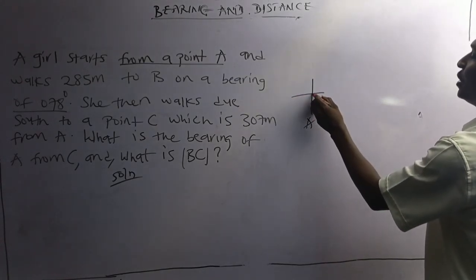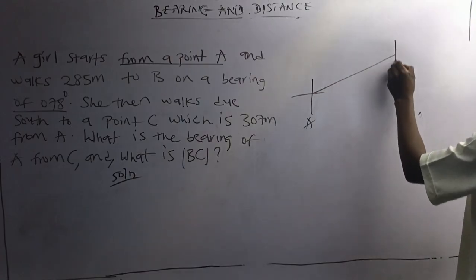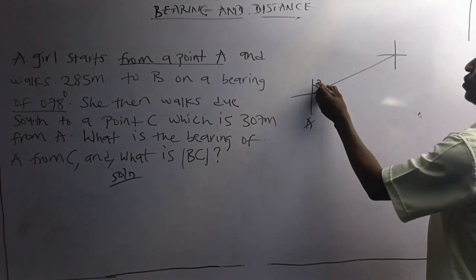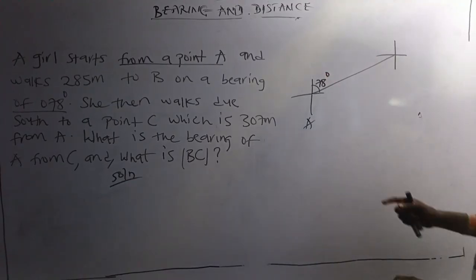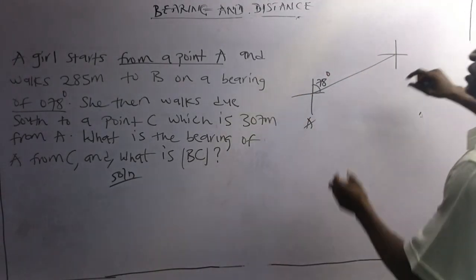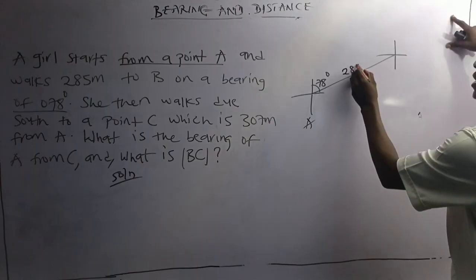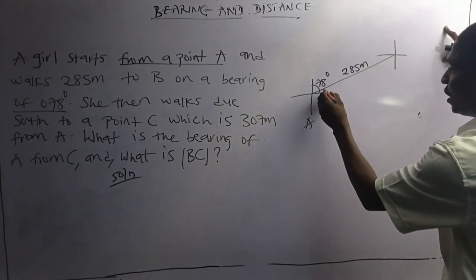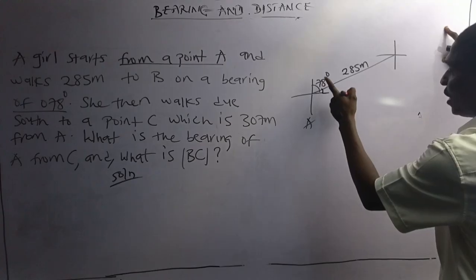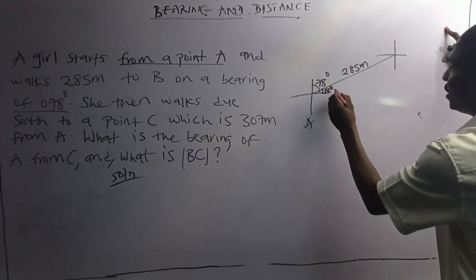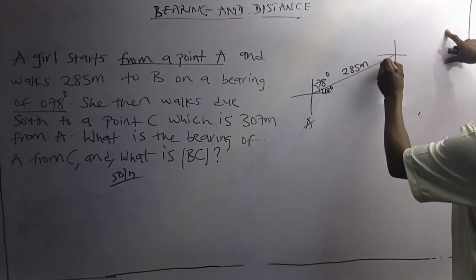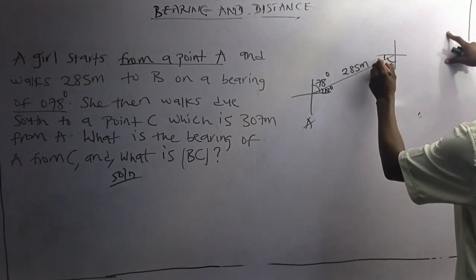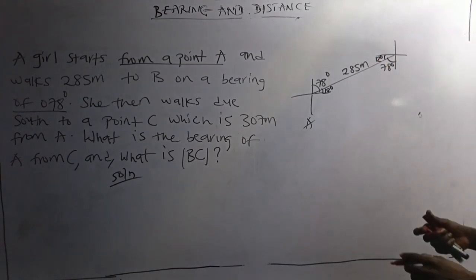If this is 78 degrees, a wide bearing, here should be bigger. 78 should be bigger than what was left here. So we have 78 degrees from point A, and the distance is 285 meters. And if this is 78, here should be left with 90 minus 78, which is 12 degrees. So this becomes 78 degrees, alternate angle, and this becomes 12 degrees. Take note.